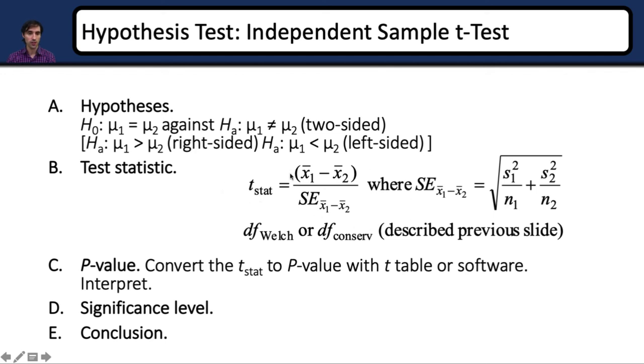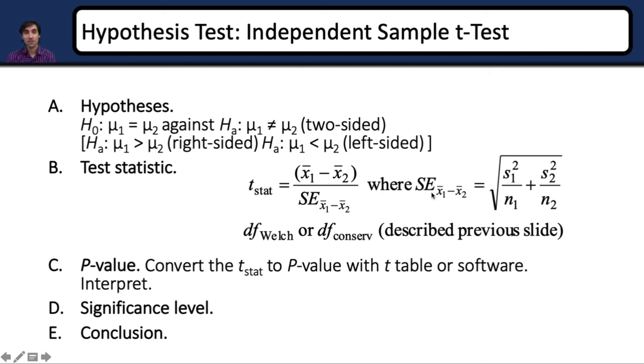And we determine our t-stat. So we take sample mean 1 minus sample mean 2, and we divide it by the standard error, which we determine by finding the standard error of the difference of sample mean 1 minus sample mean 2, and we square root that.